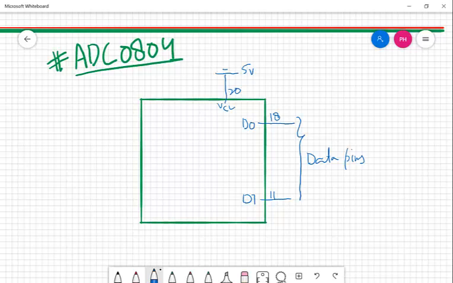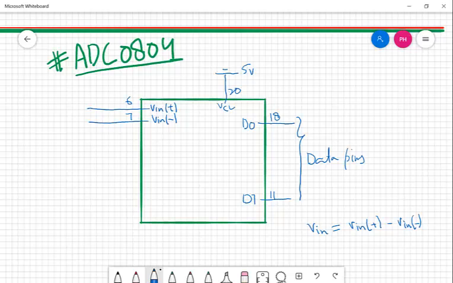Then we have V in positive and V in negative, pin numbers 6 and 7. These are the differential analog inputs, where our V in, the input analog voltage that will be changed to a digital signal, will be equal to V in positive minus V in negative.